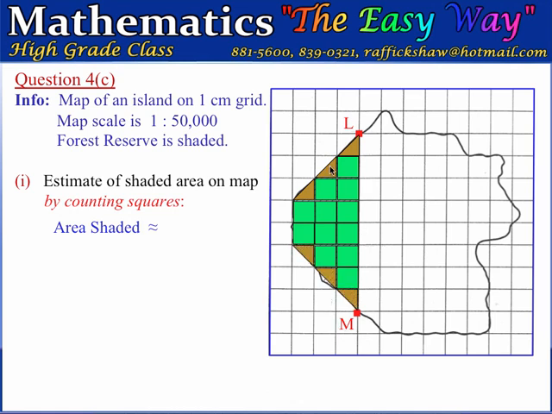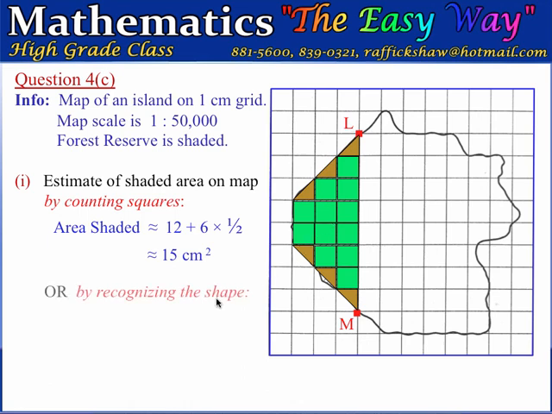Remember that 1 square has an area of 1 centimeter squared, and so the estimate of the area on the map would be this: 12 whole squares plus 6 times half. That's 12 whole squares in green and 6 half squares. And when we do that calculation, the result is 15 centimeters squared. And so an estimate of the area of the shaded region is 15 centimeters squared.